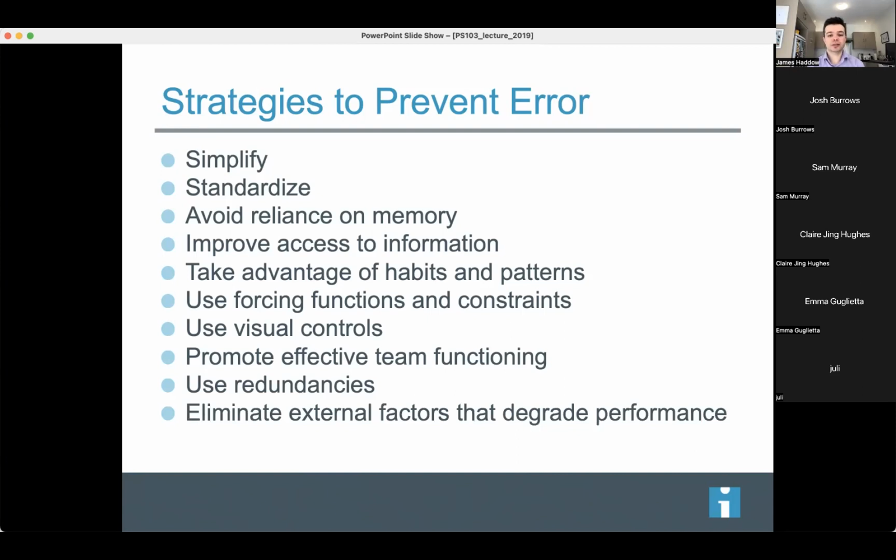Eliminate external factors that degrade performance. An example of that would be a nurse doing a drug round. One of the common reasons for errors is because they get interrupted all the time when they're trying to concentrate on putting the right pills in the thing. So one project, I don't know if it was that successful, but they gave the nurses these bright fluorescent tabards to wear that say, "Do not interrupt me."